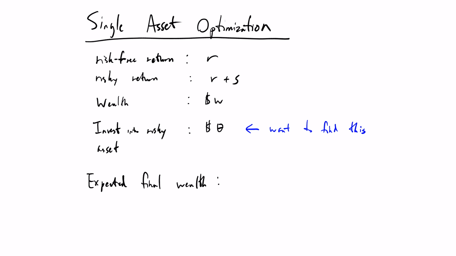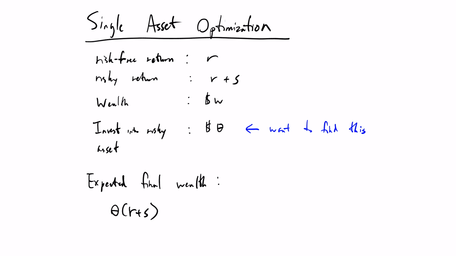So we're going to have W. We're going to put theta. This is dollar amount. Remember, this is dollar amount into the risky asset. This gives us R plus S return, right?